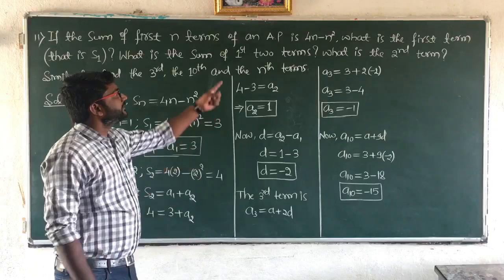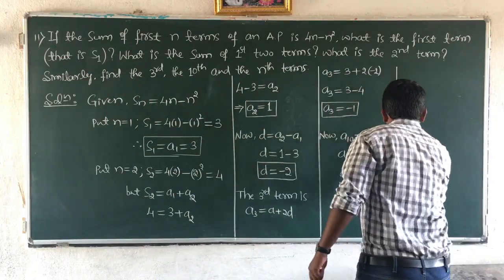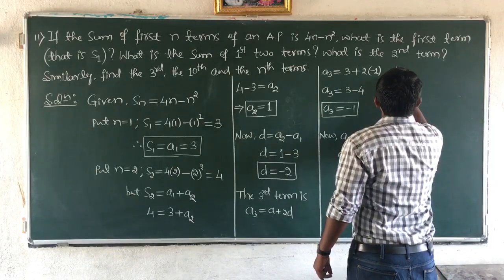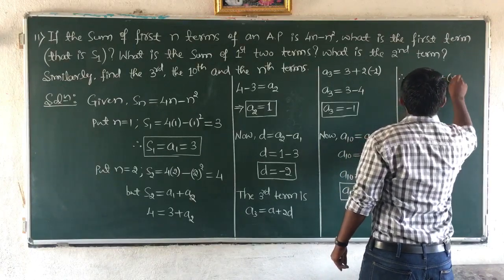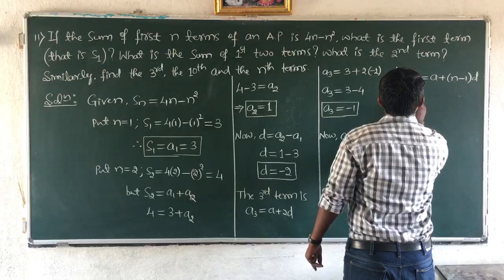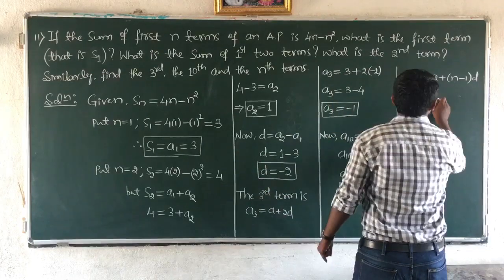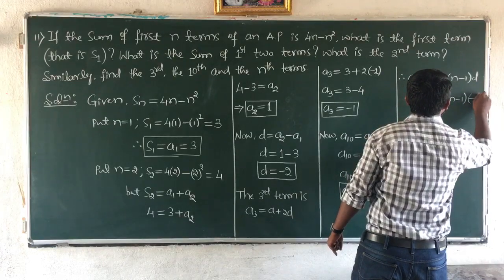Next we have to find the nth term of this problem. See here. Therefore an is equal to a plus n minus 1 into d. So an is equal to a, it is 3, then plus n minus 1 into d, it is minus 2.